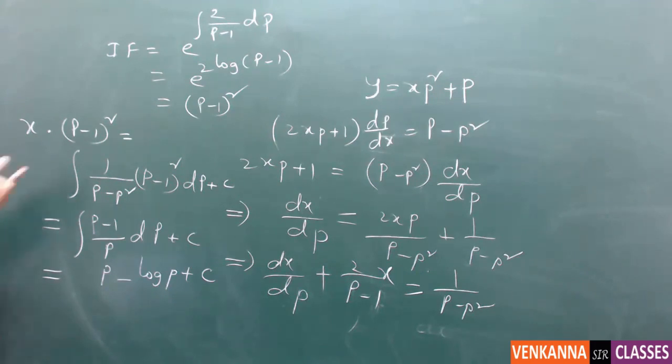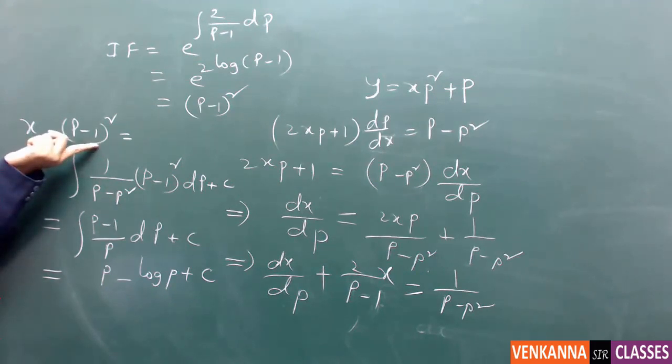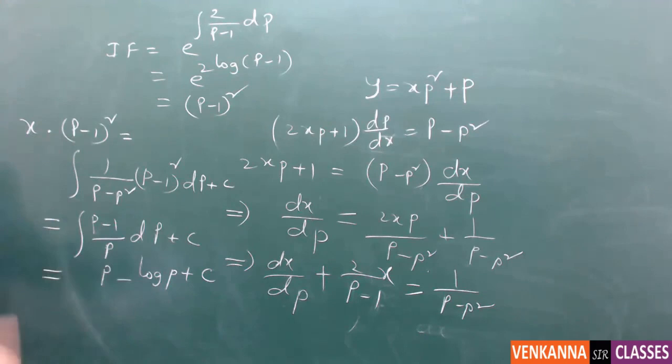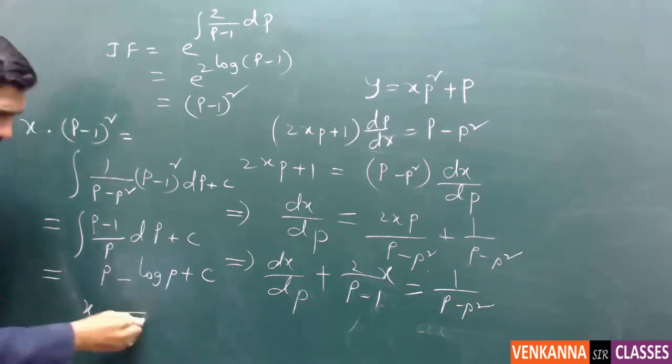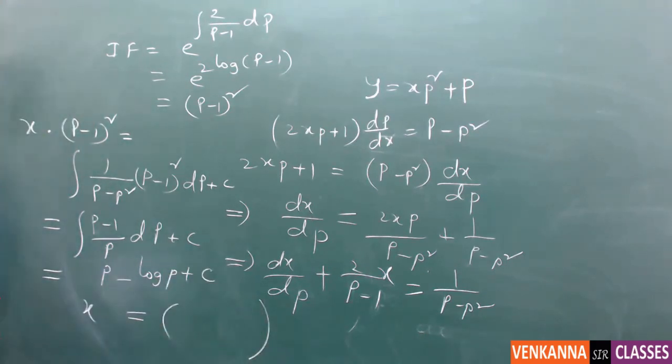From this, if you take p minus 1 whole square to the right hand side, you are going to get x is equal to something. Yes or no? So in other words, you have found an expression for x in terms of p completely. Accepted?